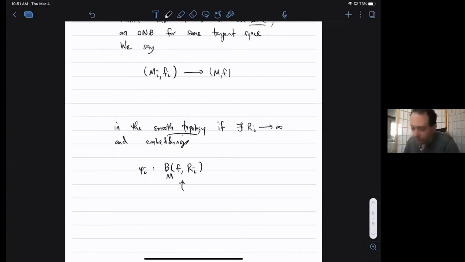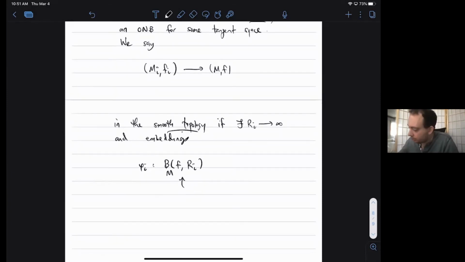I'm going to write F here, but really you should understand F as an orthonormal basis for the tangent space at some point, and this is the ball around that base point of F.